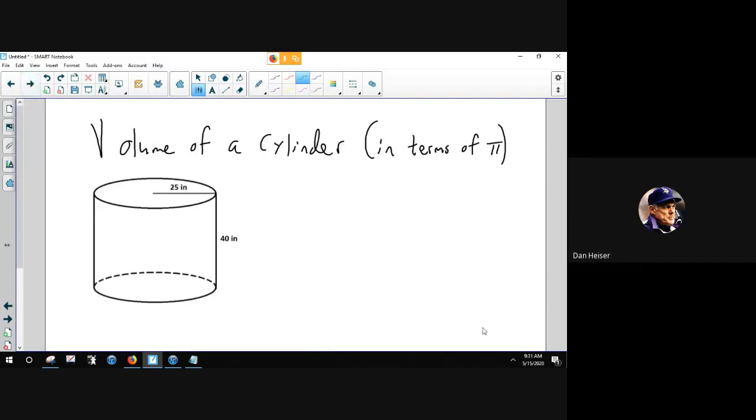For a cylinder, we know what the base always is. It's a circle. So the cylinder formula will always be the same. Our base, our big B, is the area of a circle multiplied by the height of the cylinder.